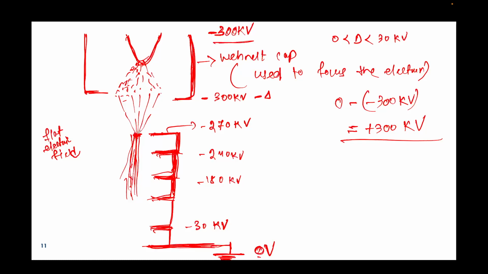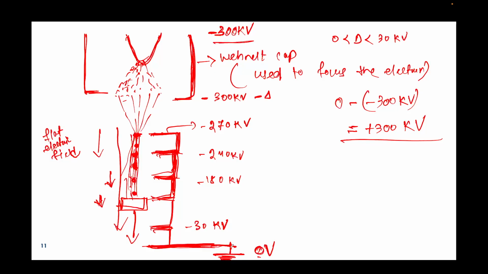That means at each and every point of my column the electrons experience some accelerating potential to go downside. That is how I control the beam of electrons to go and hit, or interact with, my specimen. After that I will get the information that I need.